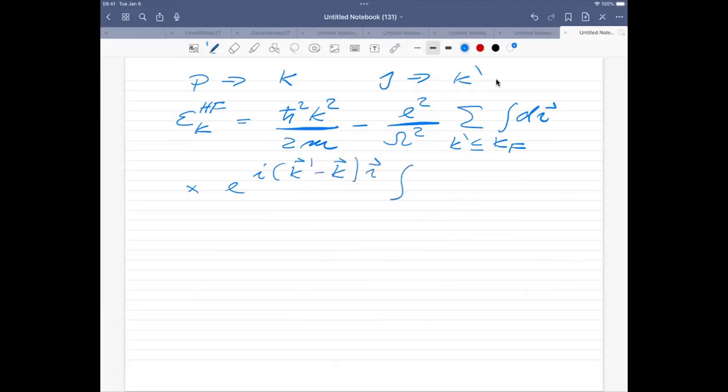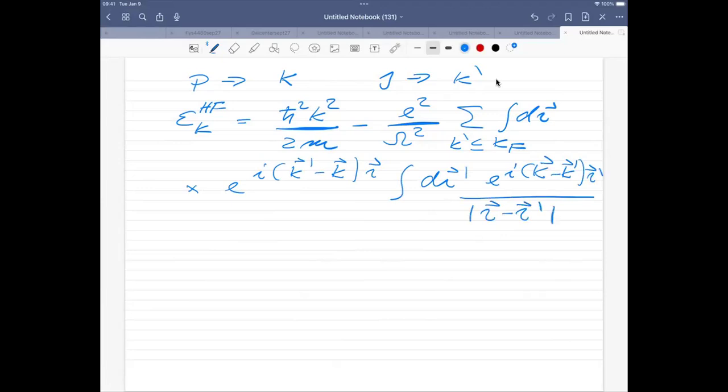And then I have a new integral over d of r prime. And then I have e to the i of k minus k prime multiplied with r prime, divided by r minus r prime.